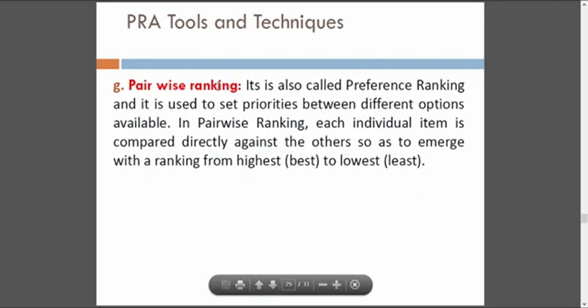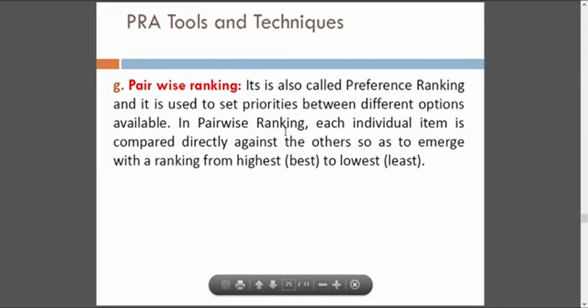Then we have the pairwise ranking, which is also called a preference ranking. You see, most of these tools are similar, so in case you want to use one of them, you need to read more about it and understand how best to use it. But in some of the situations, we combine these tools and techniques. So in pairwise ranking, each individual item is compared directly against the other, so that we get the one with the highest ranking and the one with the lowest ranking.